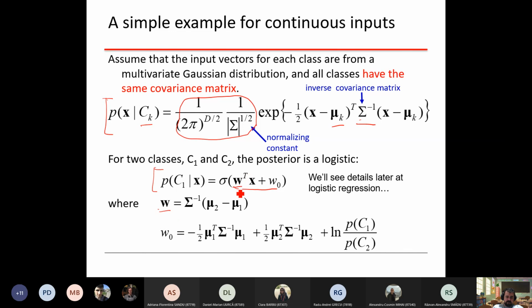And the W that is involved in here is the inverse covariance matrix multiplied by the difference between the means of the two classes, mu2 minus mu1. Also, the bias W0 is minus half mu1 transpose multiplied by the inverse covariance matrix multiplied by mu1, plus half mu2 transpose multiplied by the inverse covariance matrix multiplied by mu2, plus the logarithm of the ratio of the two classes, C1 over C2.